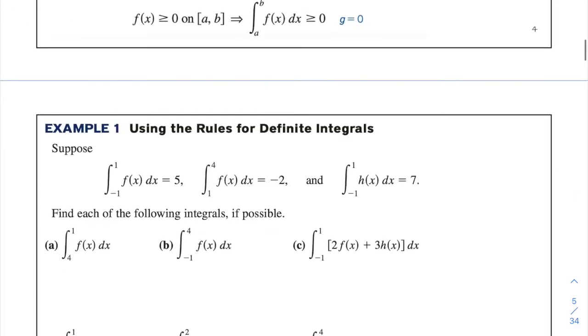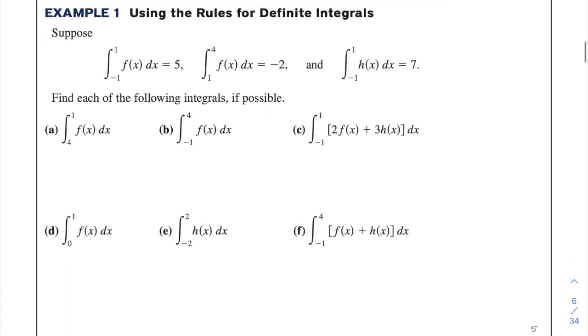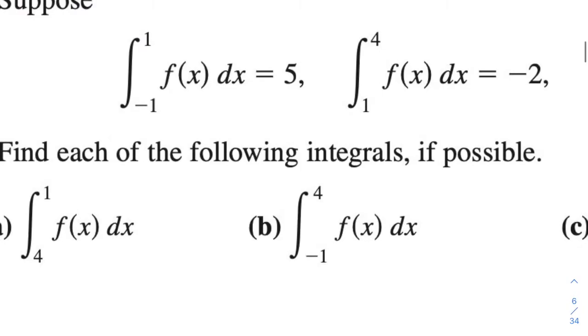Okay. So let's go to our first example. We don't know what the function is, right? We have no idea. But what we know is that when we integrate it, when we find the antiderivative of it, from -1 to 1, we get an output of 5. So ignore the function. You don't need the function. You just need to know that its area is 5.